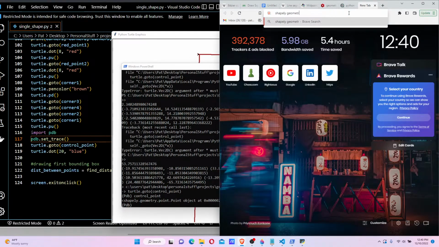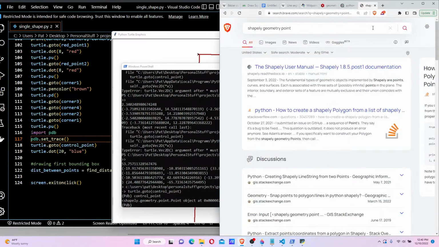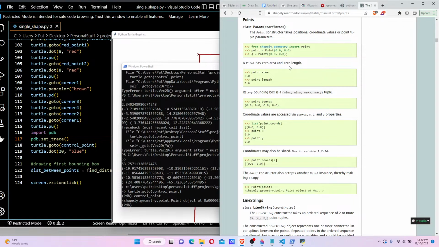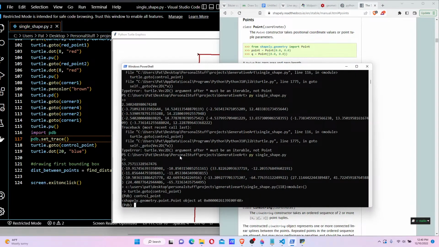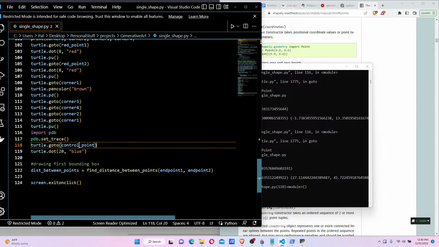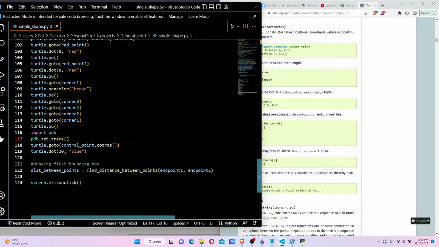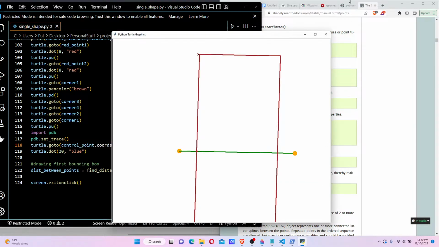Shapely, geometry, Point. So if we go to points, point.area, point.length, point.coords. Okay. Point.coords, not a method, just an attribute.